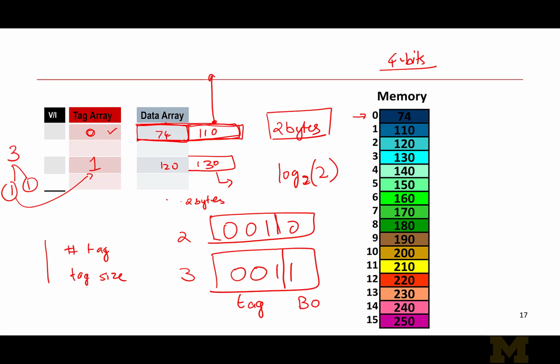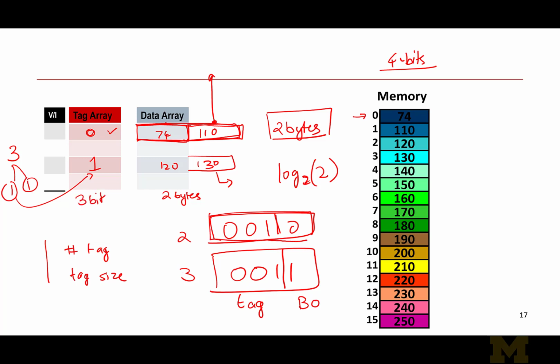So what did I accomplish by doing this? I increased my block size from 1 byte to 2 bytes, and as a result I managed to store 2 bytes worth of information for every tag. So now my tag is no longer 4 bits, but it is just 3 bits.